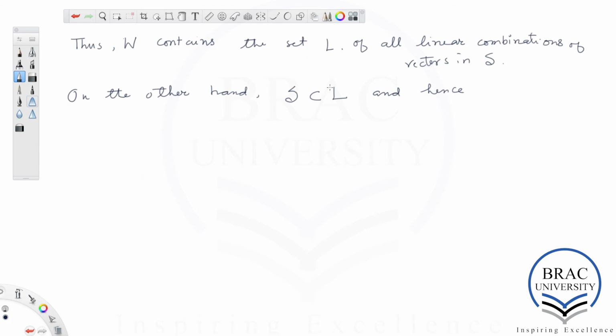And hence, since S is contained in L, this set L is non-empty.